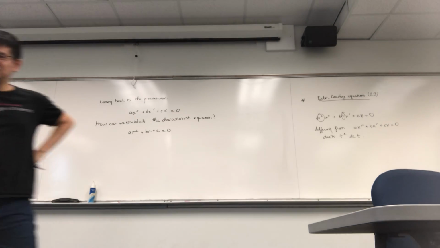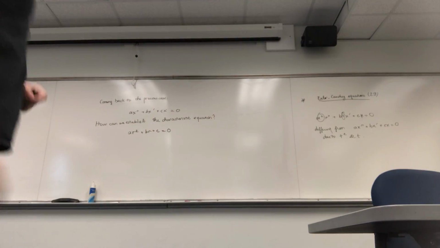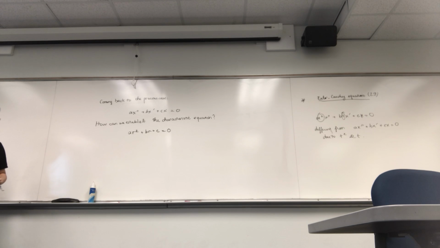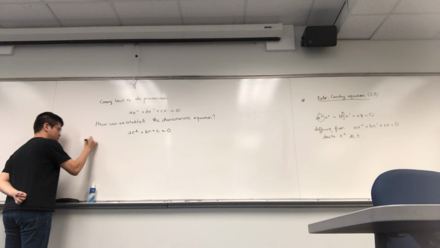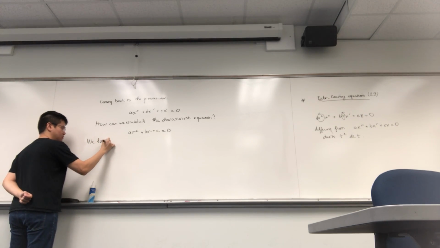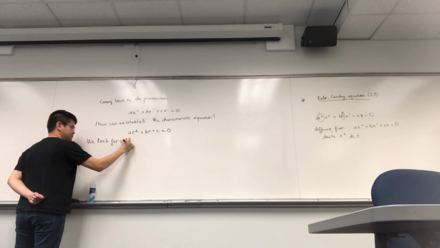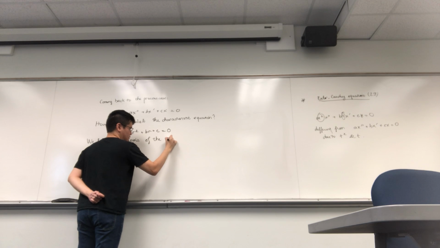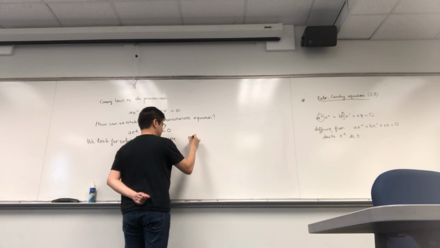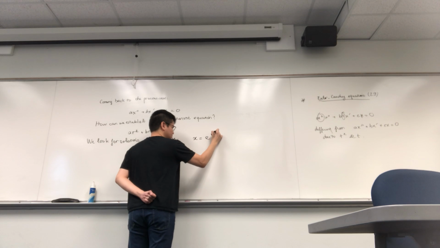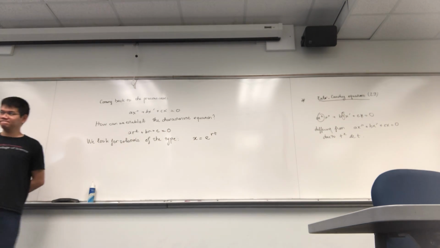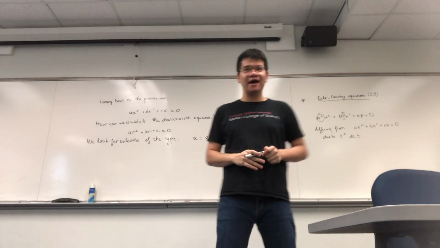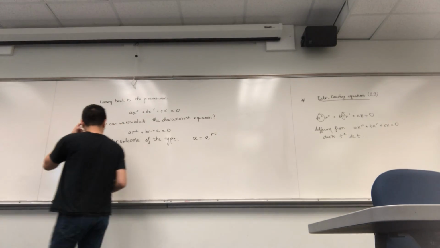Right, so the key idea of getting this characteristic equation is the following. We look for a solution of the type x is e to the rt. We guess that the solution should be of this type, and then we plug it back into the equation.